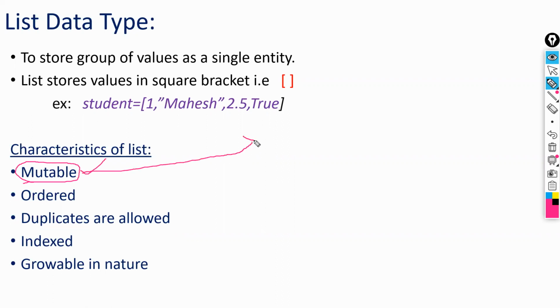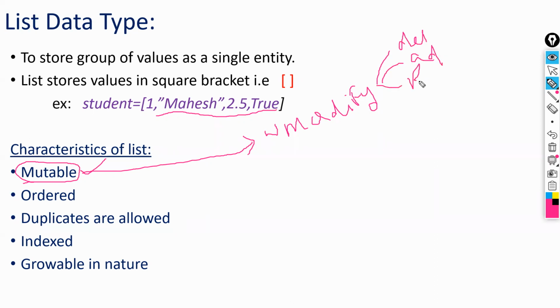Mutable means whatever the content or values are there, we can modify them. What do you mean by modify? We can delete, we can add, we can remove. All these operations can be performed whenever there is the concept of mutable.